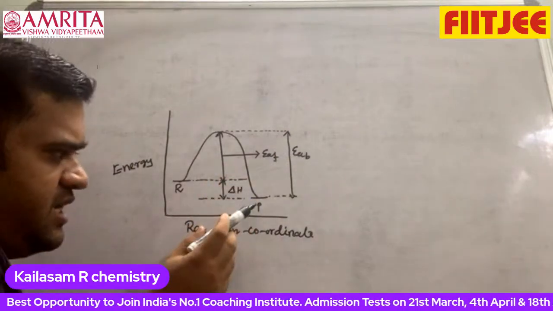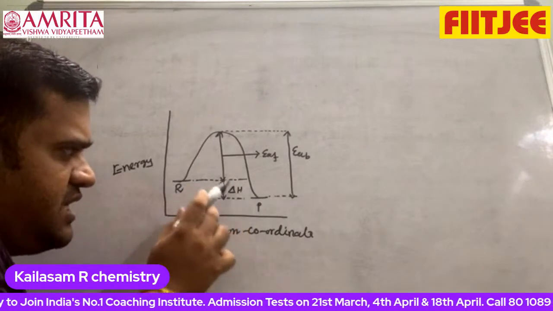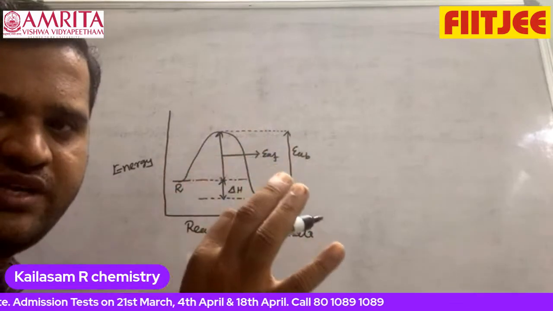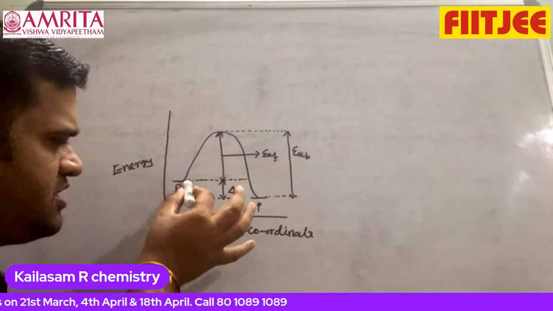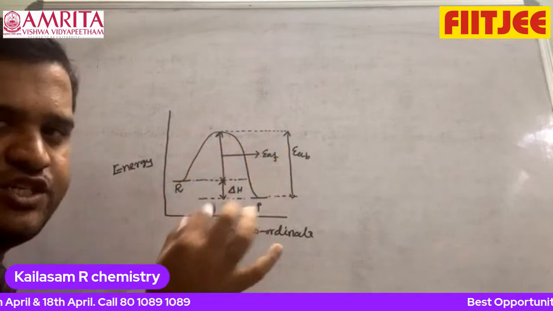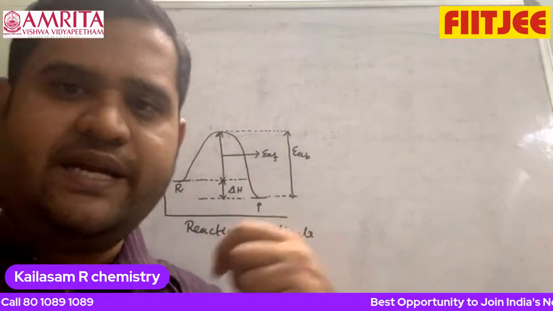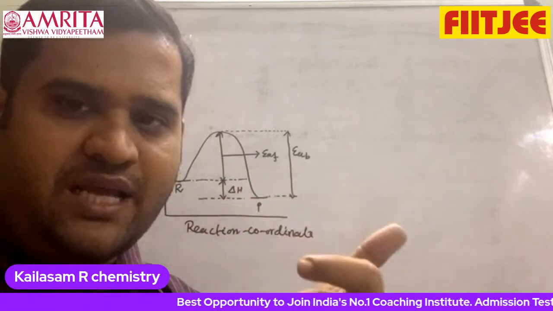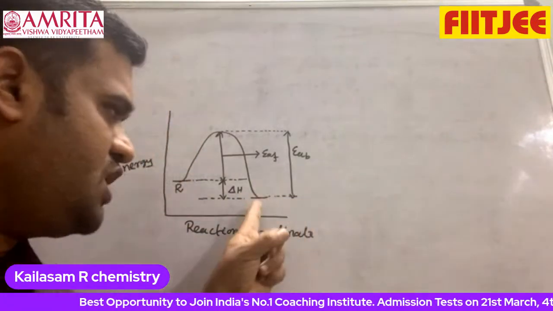Look at this. The difference in the energy of product minus reactant gives the delta H of the reaction. Now this is called the energy of activation. One definition of energy of activation: the reactant molecules must collide to reach this activated state. Activated state means an intermediate state. Intermediates are of unstable nature. They immediately decompose, which gives the product.